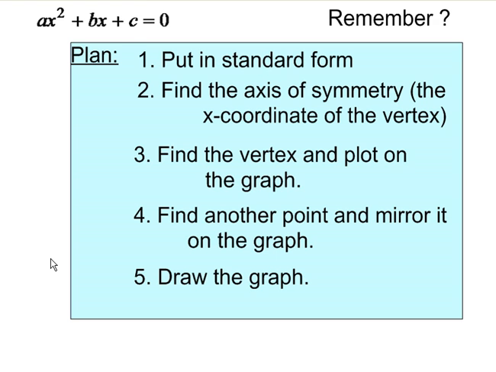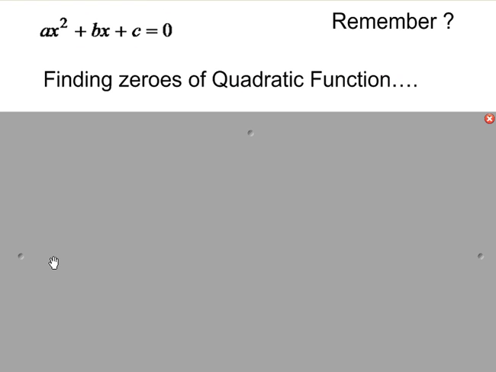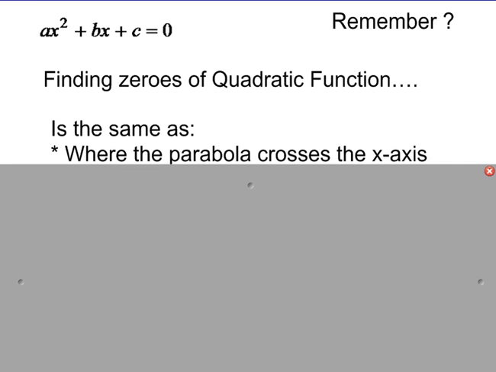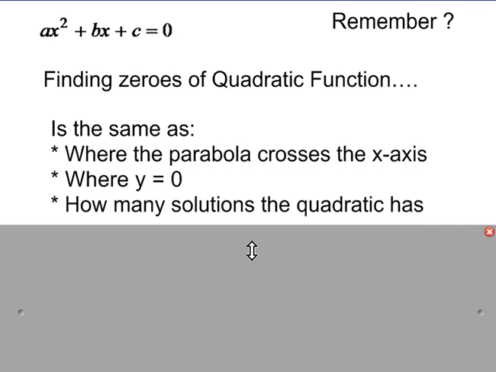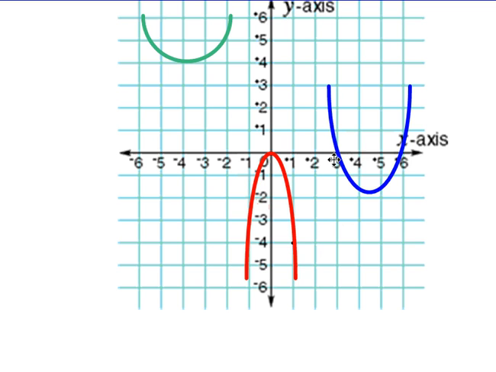Some other things we've talked about before are finding zeros of a quadratic function. Finding zeros of a quadratic function is the same as where the parabola crosses the x-axis, where y equals 0. That also tells us how many solutions a quadratic has. Looking at this diagram, we can see this is where y equals 0.